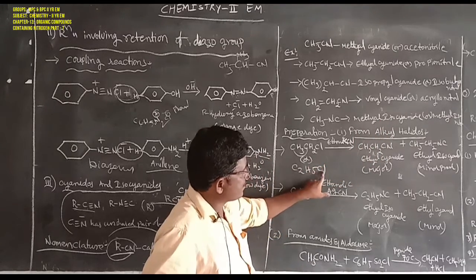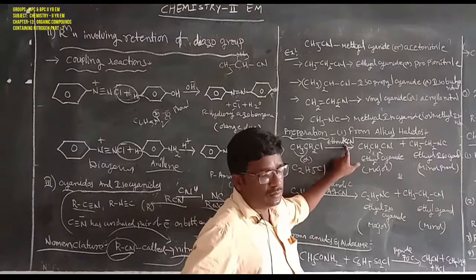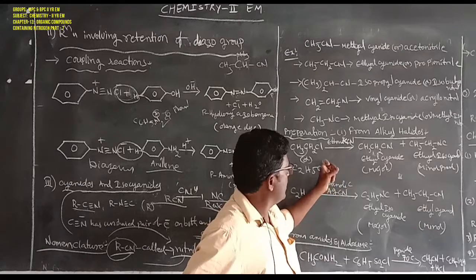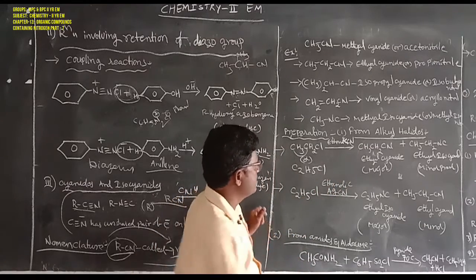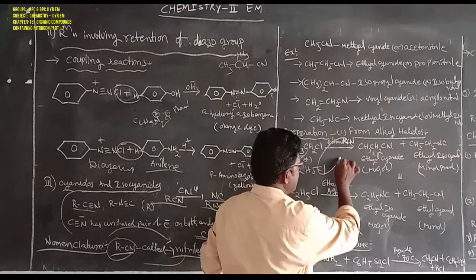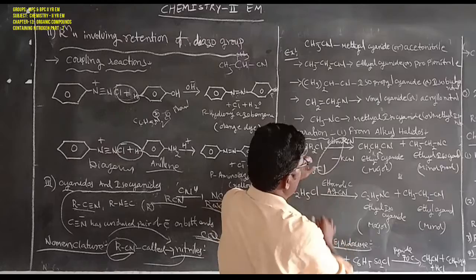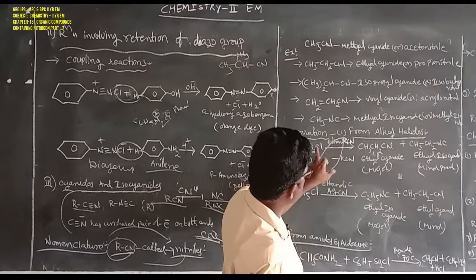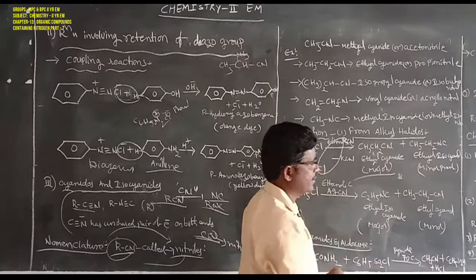Ethyl halide is treated with ethanolic potassium cyanide, with removal of KCl, then forms CH3-CH2-CN, ethyl cyanide, the major product.